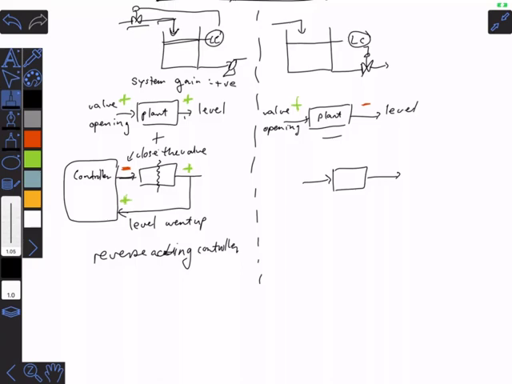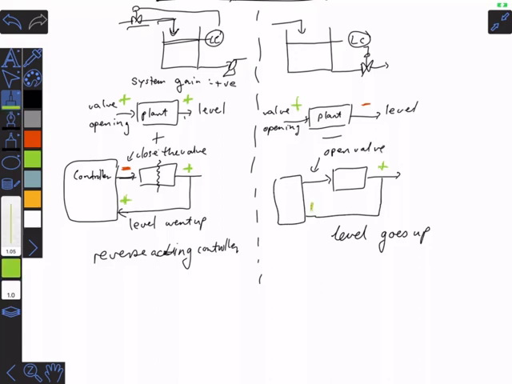Okay, so in this case, remember we've got a different situation. We've again got the same controller, but now when the level goes up, we have to open the valve. Right?